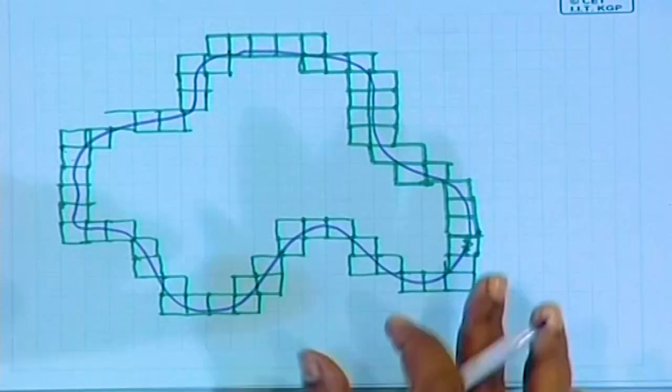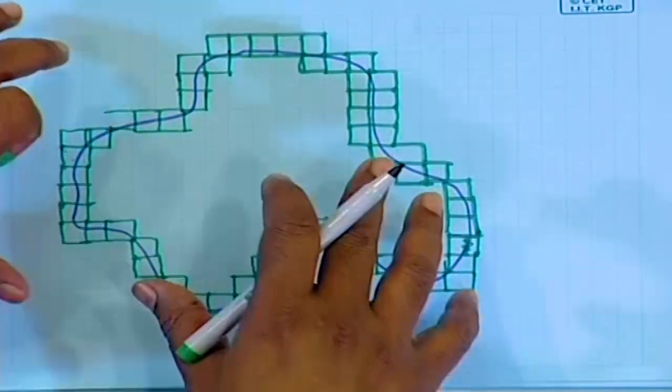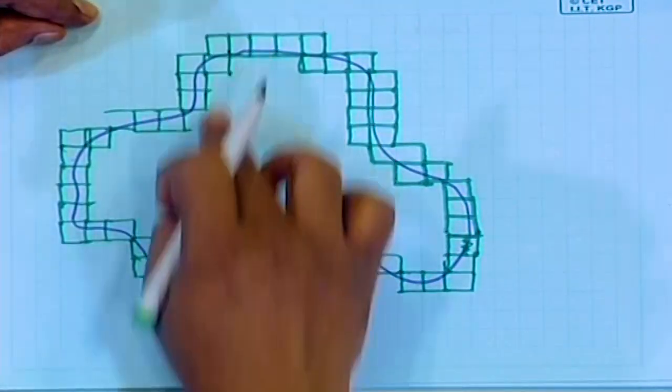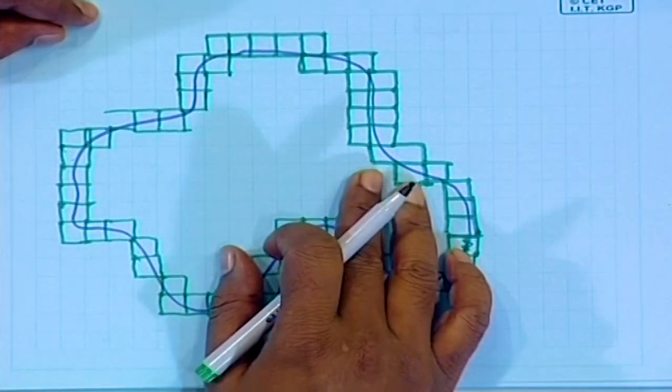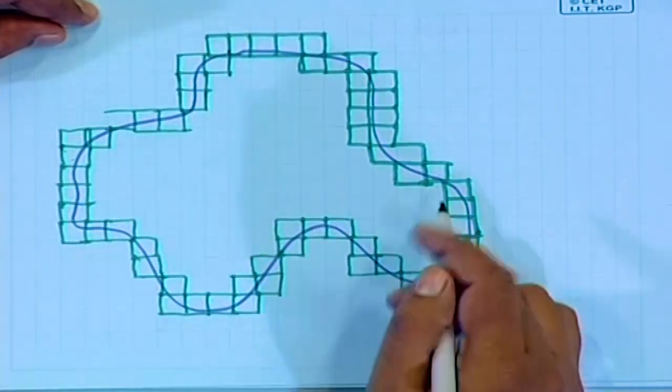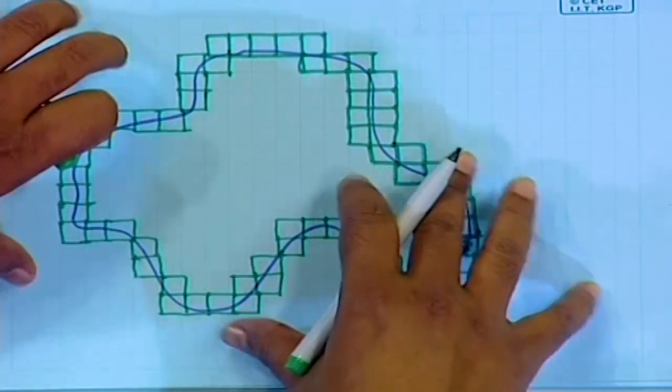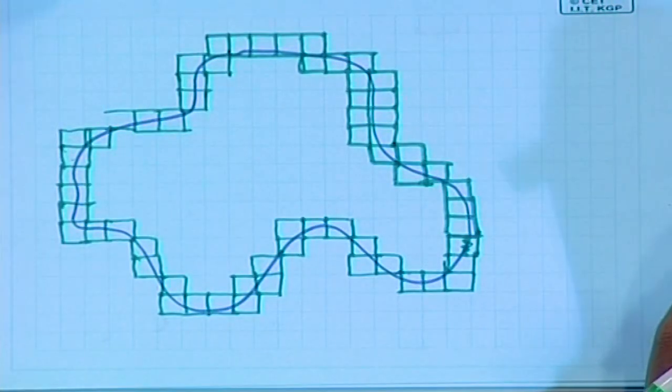This is the set of concatenated cells in which this boundary will be placed. If I put the same concept of grids over here, I then have to identify which of the cells enclose this particular boundary.